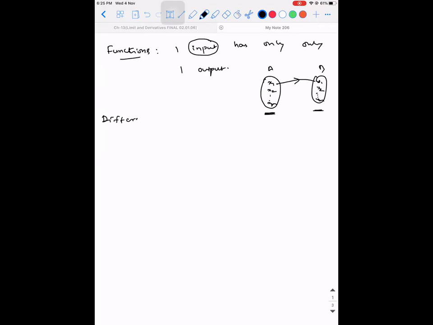Then we saw the different kinds of functions. Do you remember the different types of functions we have dealt with? We would have seen the identity function, the trigonometric function, exponential function, logarithmic function, all these things.